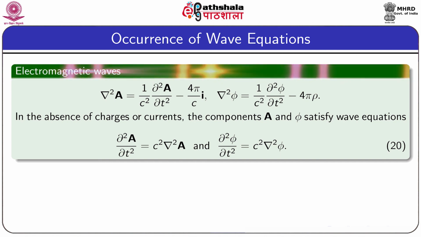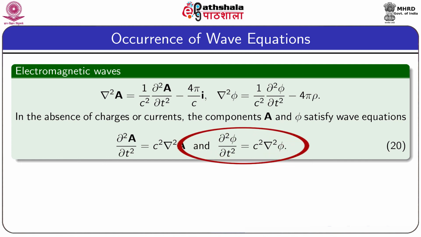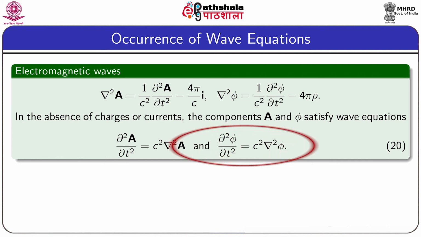Now, in absence of charges, that means in the first equation, if I equals 0, the equation reduces to ∂²A/∂t² equals c² grad² A, and in the second equation, if rho equals 0, then the equation for phi becomes ∂²phi/∂t² equals c² grad² phi.